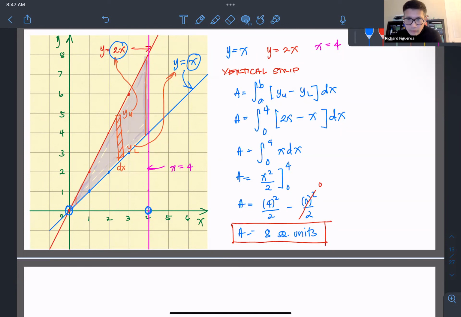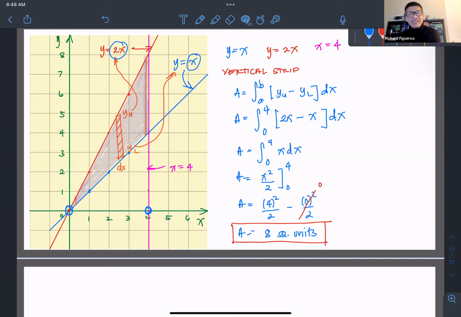Sir, kahit di na po i-graph, mahanap naman po yan. No. You need to graph it. Kasi the formula that we will be using, magdidepende siya doon sa graph. Mahirap. Kung hindi ka mag-graph, manghuhula ka. Okay?